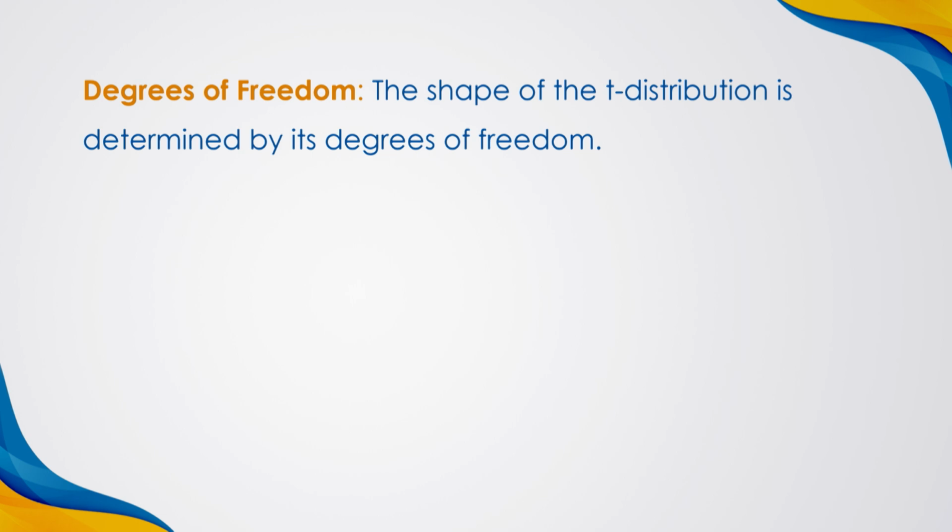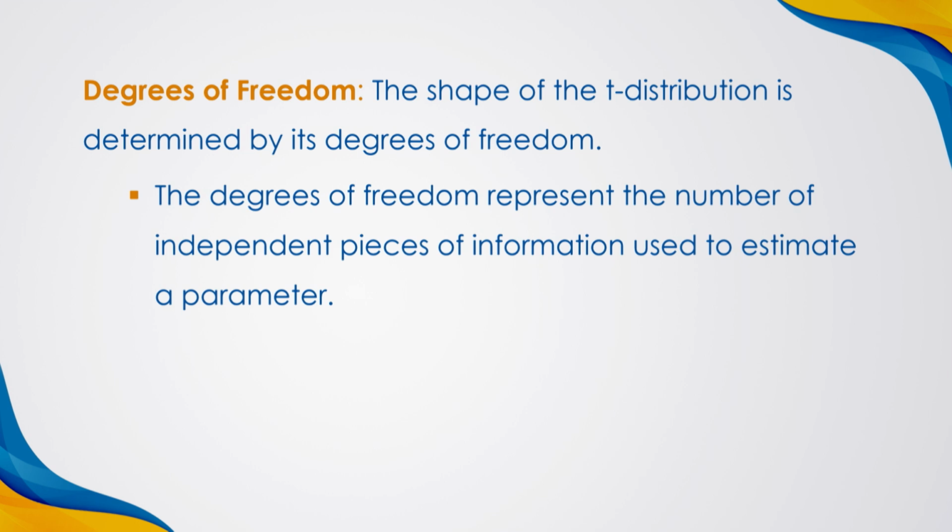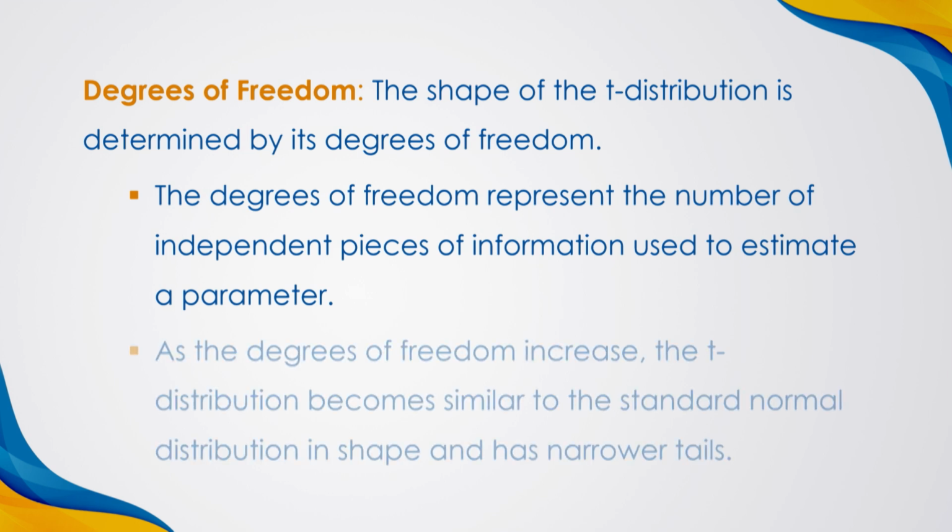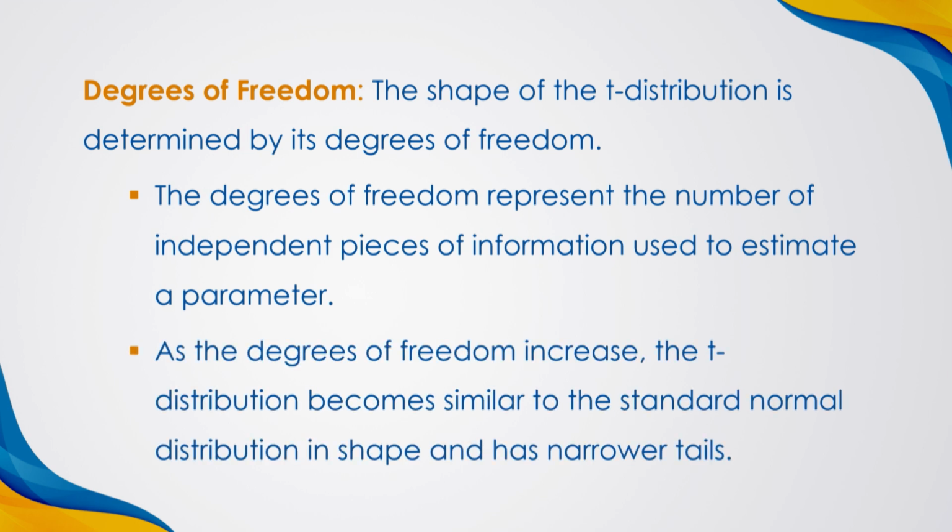Degrees of freedom is another important property. The shape of the t distribution is determined by its degrees of freedom. The degrees of freedom represent the number of independent pieces of information used to estimate a parameter. As the degrees of freedom increase, the t distribution becomes similar to the standard normal distribution in shape and has narrower tails.